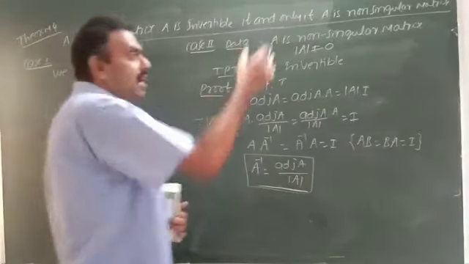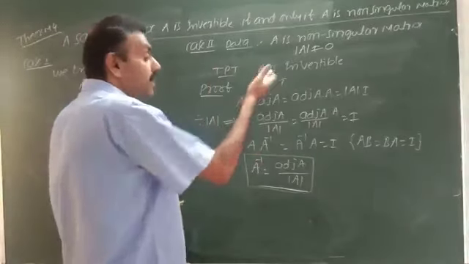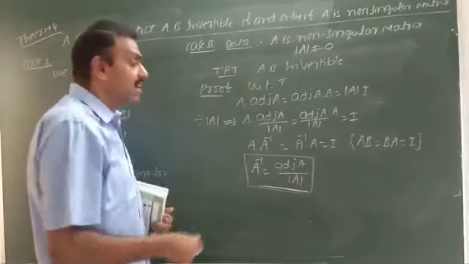Then case 2, data: A is non-singular matrix. So determinant A is not equal to 0. Then to prove that A is invertible, we have used this property which we have proved in the earlier class.